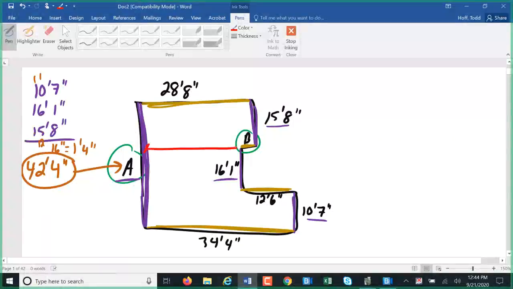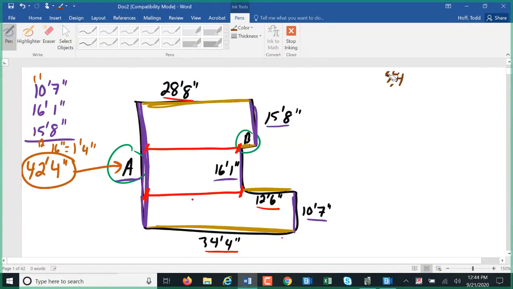If I knew this length here in red, I know that would add to the B to make 28 foot 8. Well, that dimension in red is the same as this dimension in red here. I know this dimension and the 12 foot 6 add to make 34 foot 4. So I can subtract to find my red dimension.